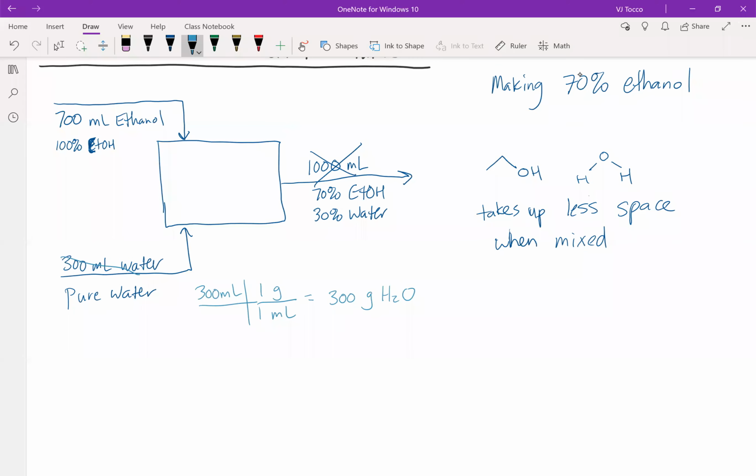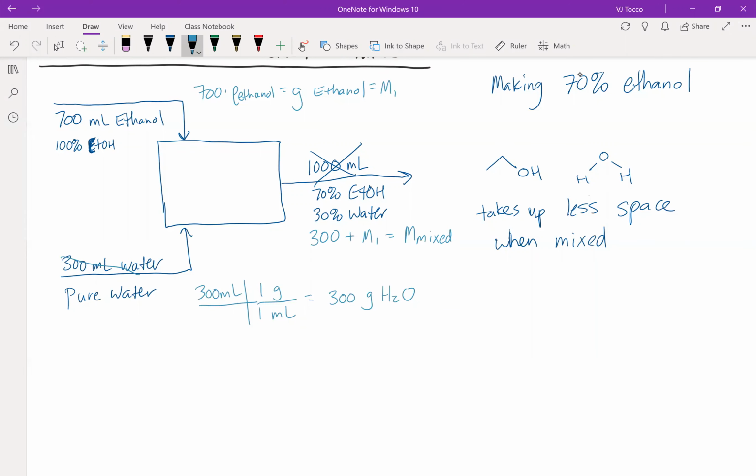I would need to look up the density of ethanol. I don't happen to have that offhand, but I would say 700 times density of ethanol equals the grams of ethanol, which I'll call M1 just for sake of argument, which means that my mix stream would be 300 plus whatever M1 was is equal to the mass of my mix stream.